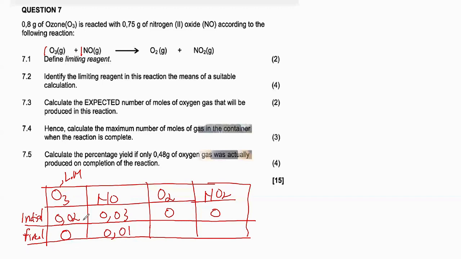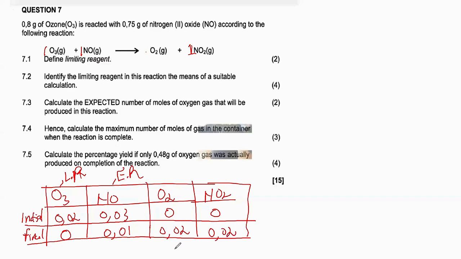Right, because 0.02 reacted, but this one was the excess reagent. So this was the limiting reagent, and this was the excess reagent. Now, remember from the O2, according to the ratio 1:1, what is the number of moles that was produced? 0.02. And even here, the ratio is 1:1. What was the number of moles produced?